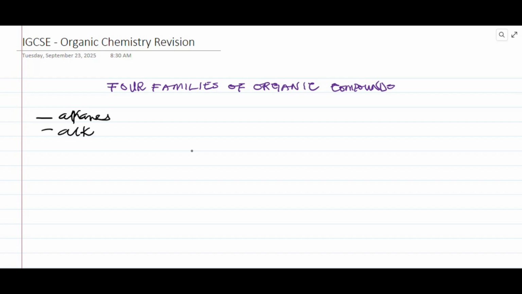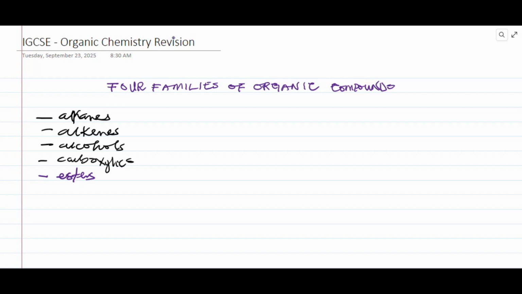But there's another one that is mentioned in the IGCSE curriculum, though not explicitly stated, which is the esters. So we're going to include this as part of those we are going to talk about.